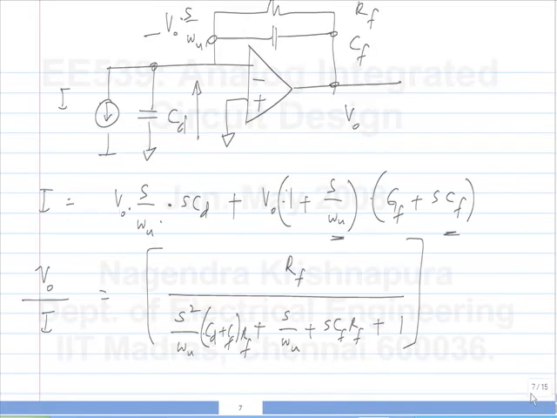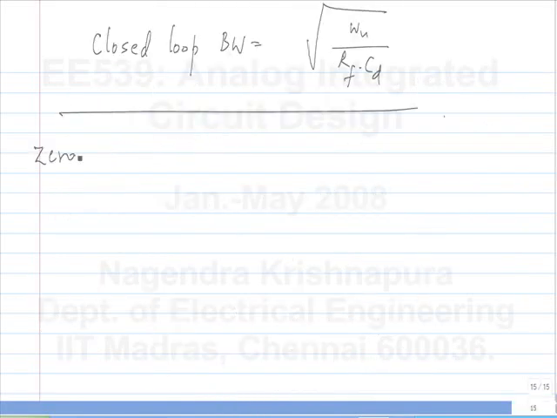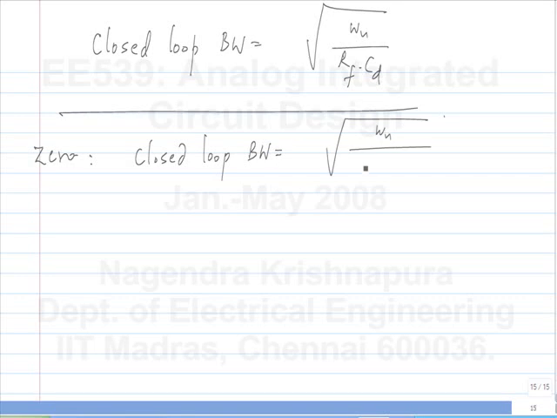Yeah, for this. So this actually gives you a better bandwidth compared to introducing the 0.